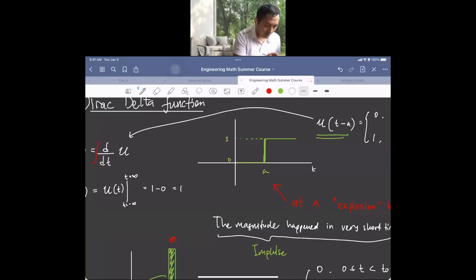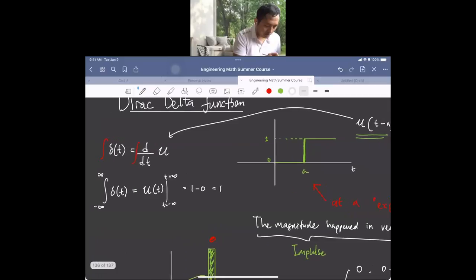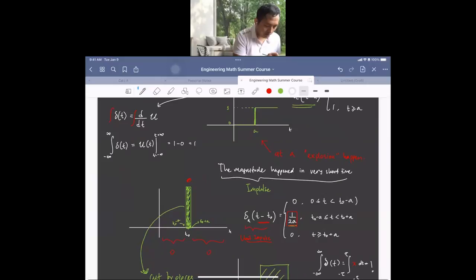So if we try to manipulate with derivatives, the integration of the Dirac delta is supposed to be equal to 1, as in the Heaviside function. So in our imagination, it seems that it's going really, really fast, instantaneously fast.